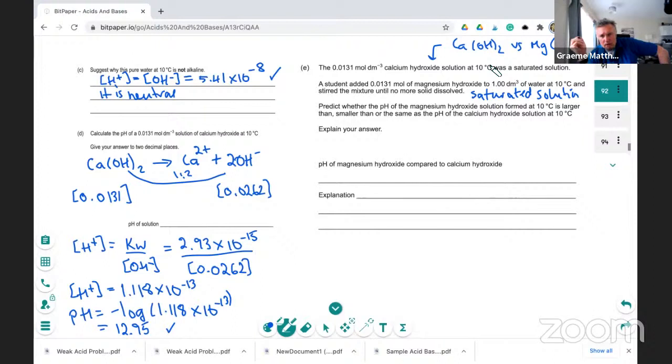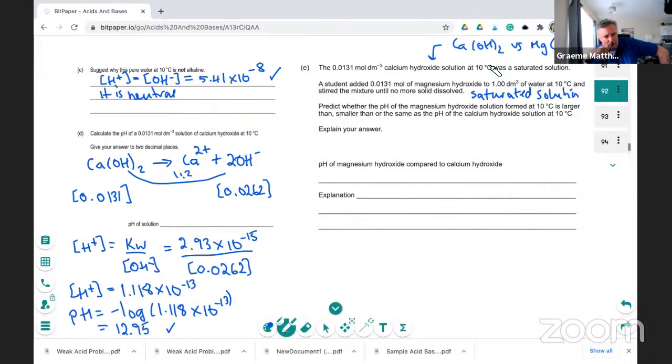They're both plus 2 metals, so you'd get the same concentration of hydroxide ions.